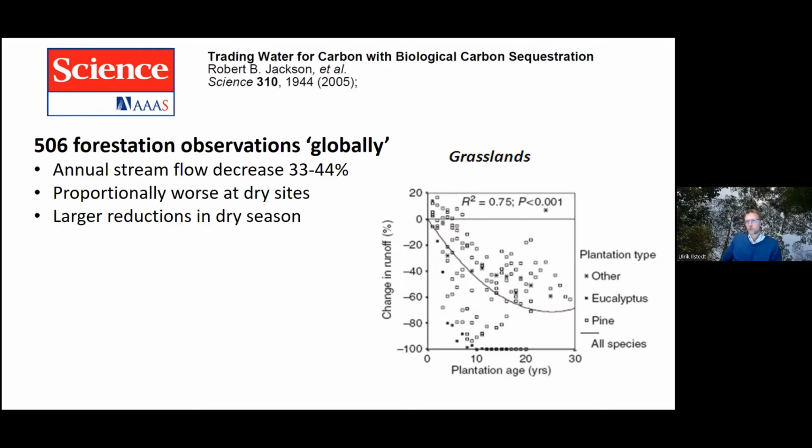This was proportionally more in drier areas, and also, which was important in this publication, they looked at dry season flows. They said that there were even larger reductions in the dry seasons than the total yearly reductions in stream flow runoff.